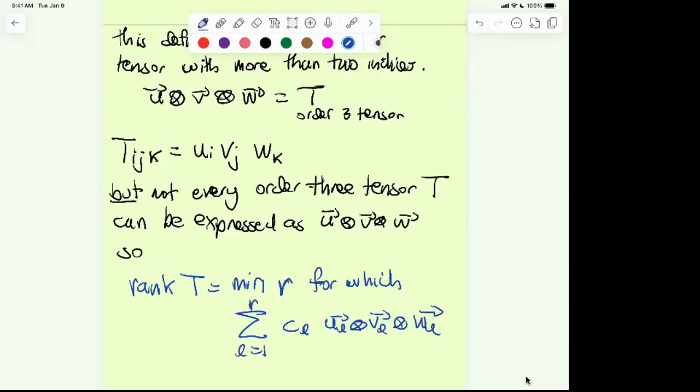So how many summands of tensor products do you actually need to reconstruct the tensor?